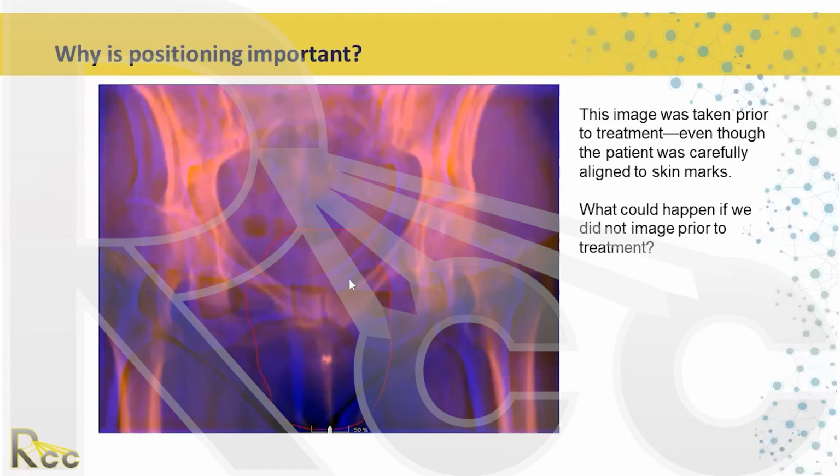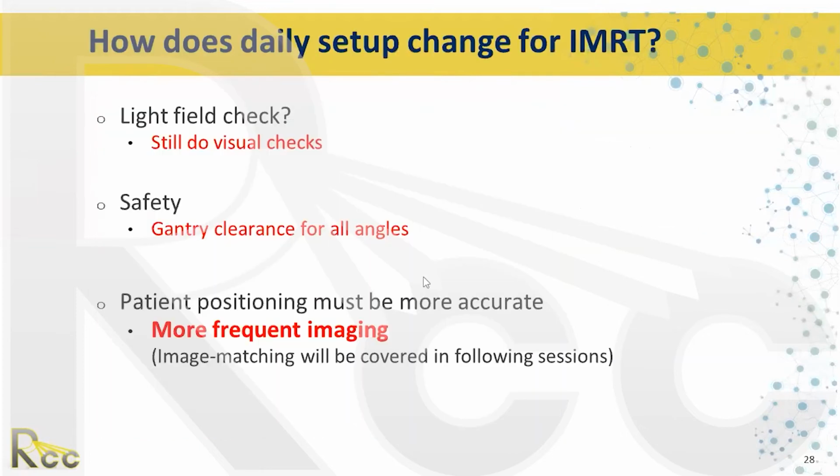You'd probably still be hitting the PTV. But with an IMRT plan, the margins are like 2 to 3 millimeters, so this would not be acceptable. So we're asking how daily setup changes for IMRT. Even though you're not checking the light field, you're still doing a visual check.